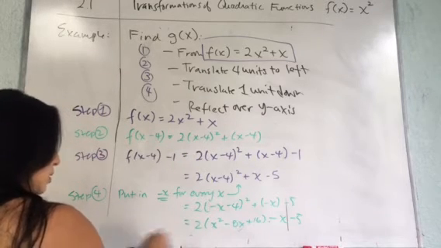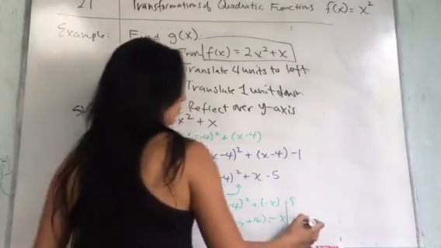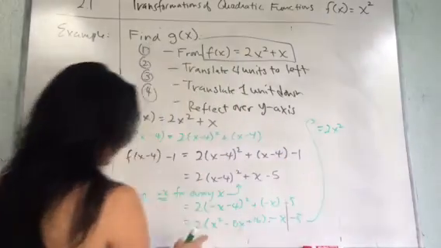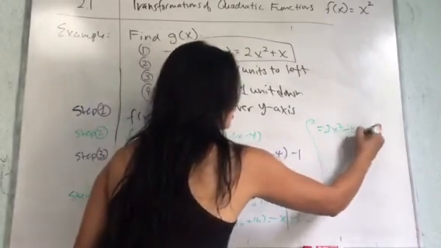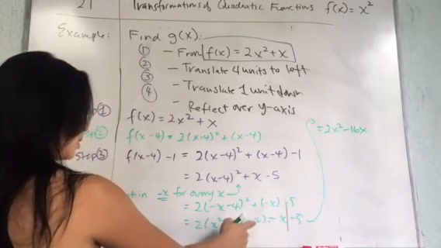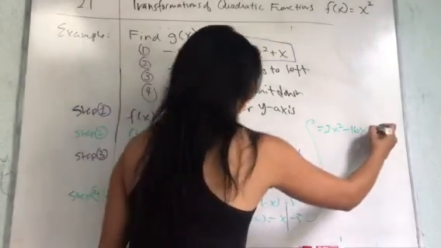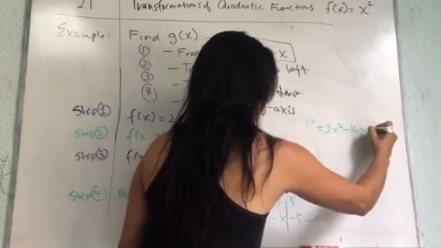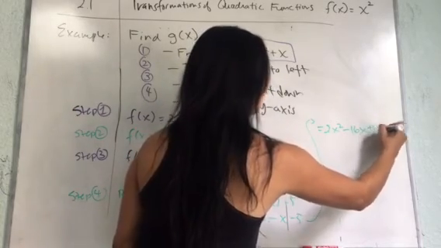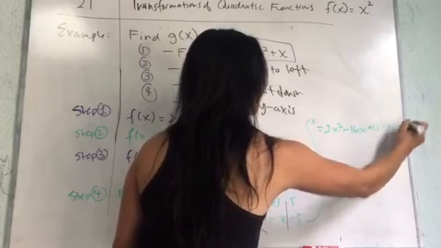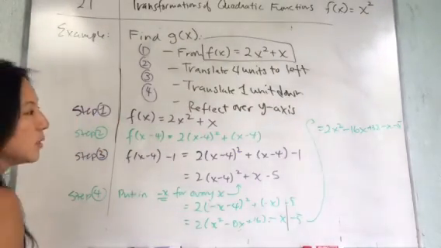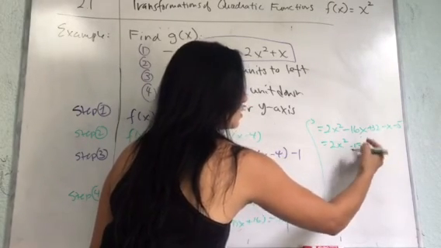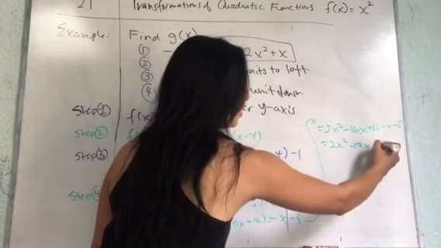If I clean this up, I get 2x squared minus 16x. 2 times 16 is 32. Plus x minus 5. That's going to be a plus 32, and a minus x minus 5. Now we can combine like terms, and we end up with 2x squared minus 17x. 32 minus 5 is going to be 27.